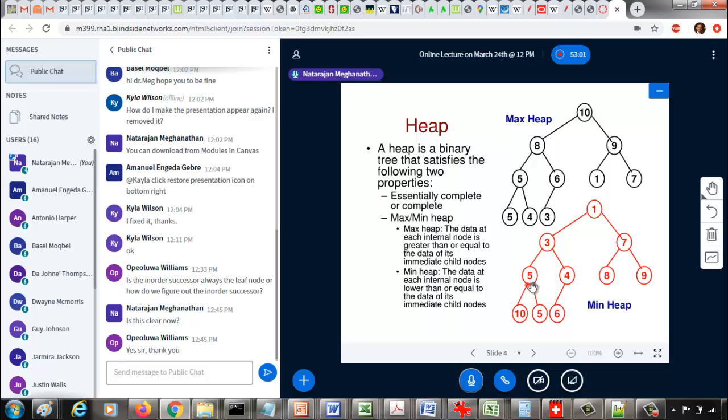This tree is again essentially complete because it's complete up to level h-1, and in the last level the nodes are as far to the left as possible. That should always be satisfied. Then we check just the data of the nodes, and accordingly we can call it a max heap or a min heap.